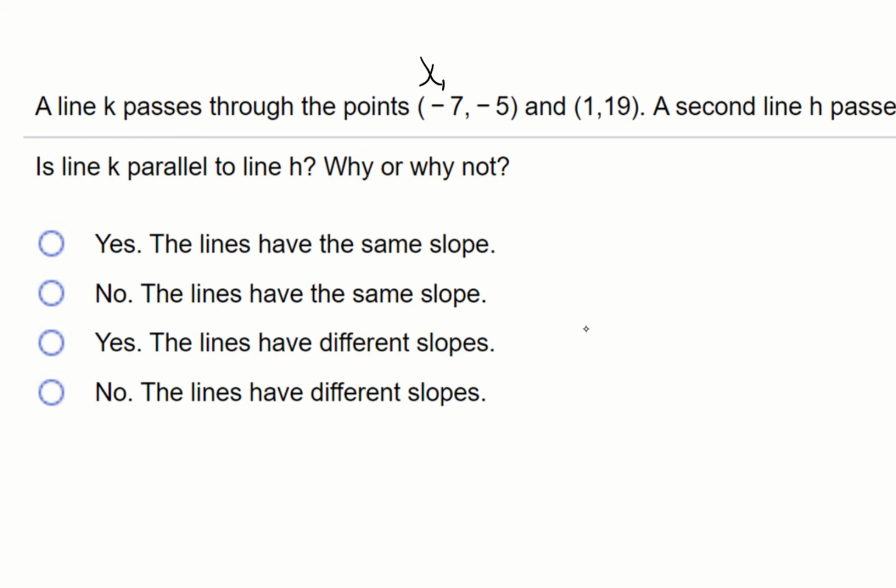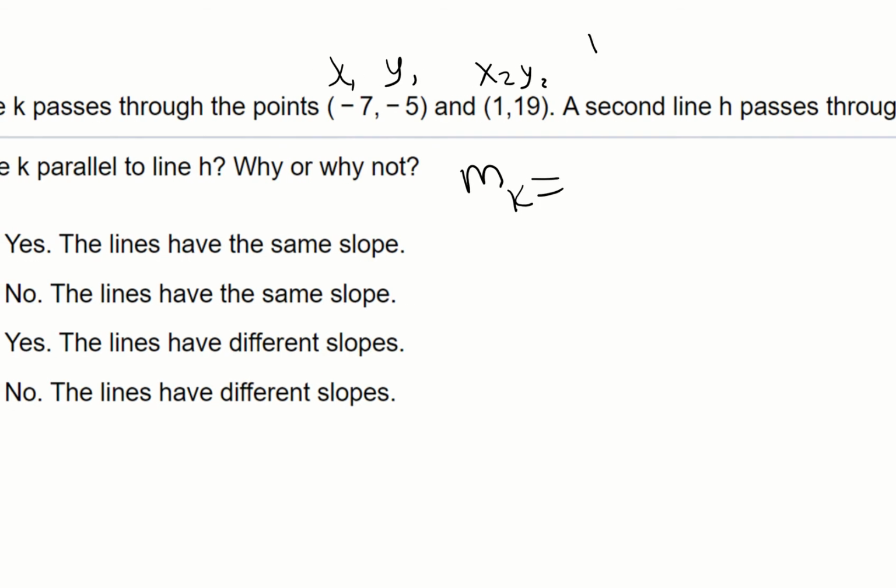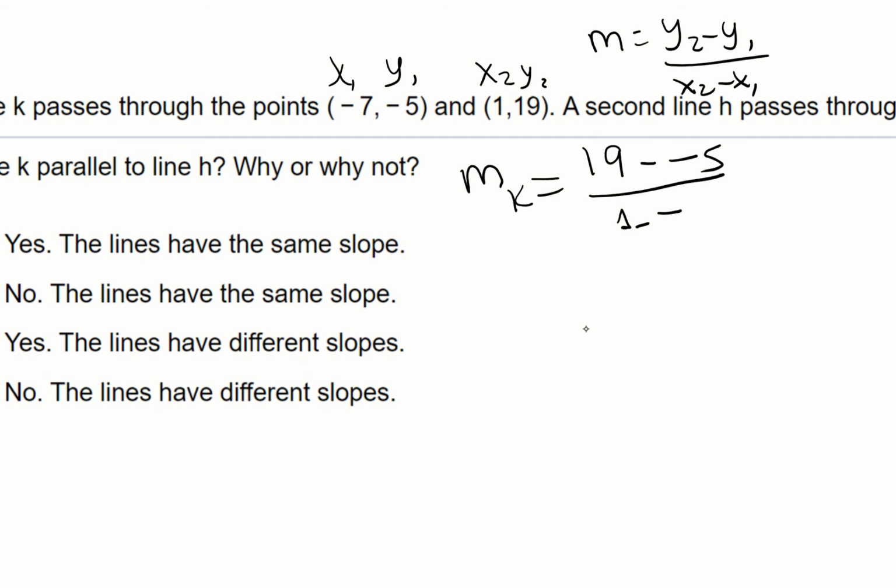So let's call these x1, y1, x2, y2. We're going to find the slope for line K. Remember the slope formula is y2 minus y1 over x2 minus x1. So y2 is 19, y1 is -5, x2 is 1, x1 is -7, so 1 minus -7.